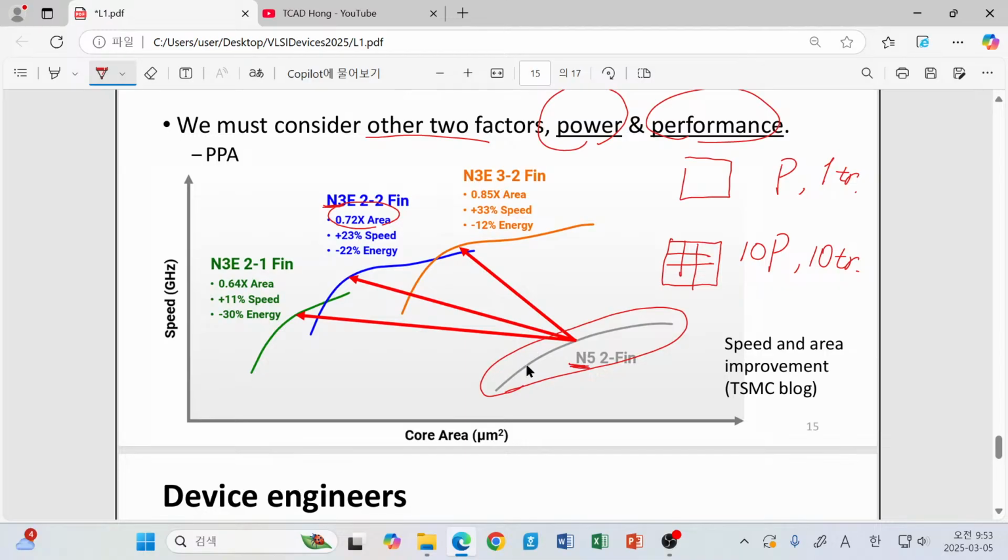At the same time, and this is the important one, the speed of your chip is 23% improved, so faster. And also at the same time, your energy efficiency is improved. This is not 'and/or', but all of these three conditions should be satisfied at the same time.